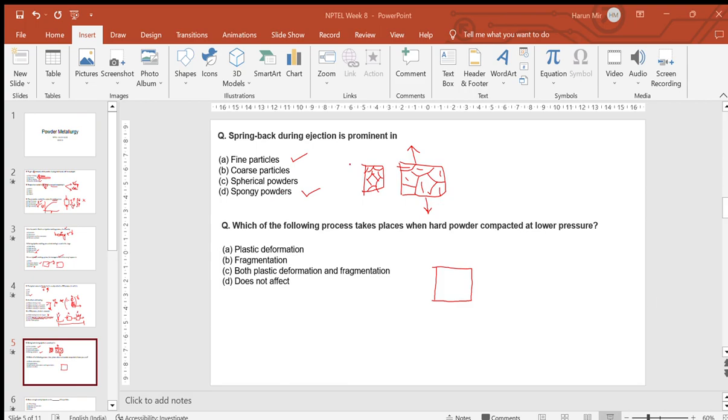So it is causing insufficient coating of the particle with binder. So you have to break the agglomerates and then attain the uniform distribution. So this is also one of the right options, right? Now we have another question that says the correct sequence of powder injection molding is, what is the correct sequence out of these?